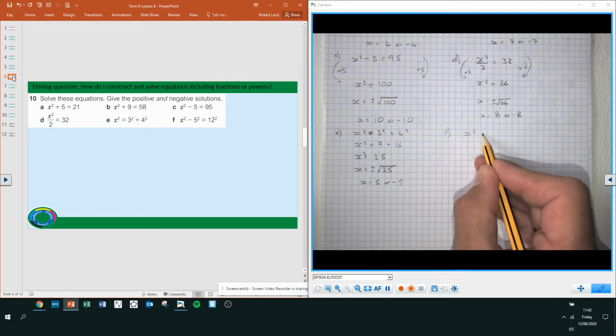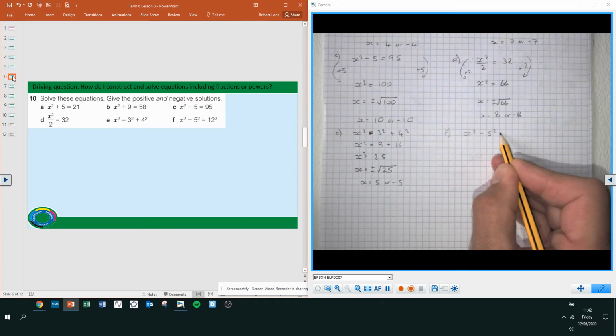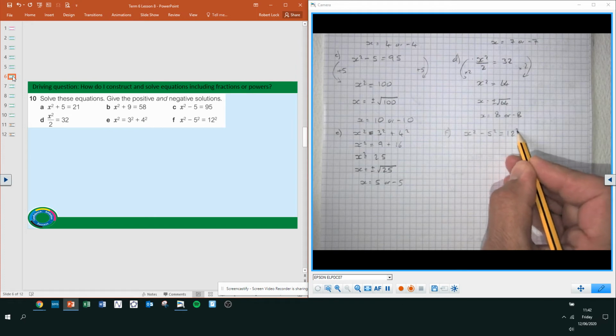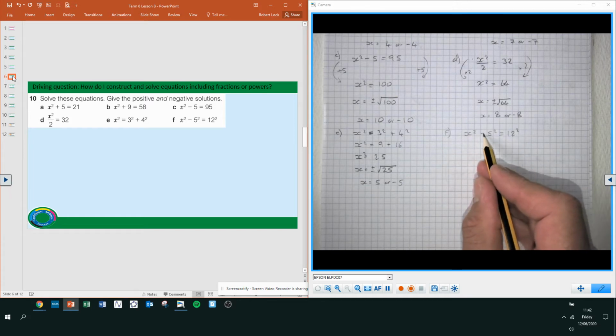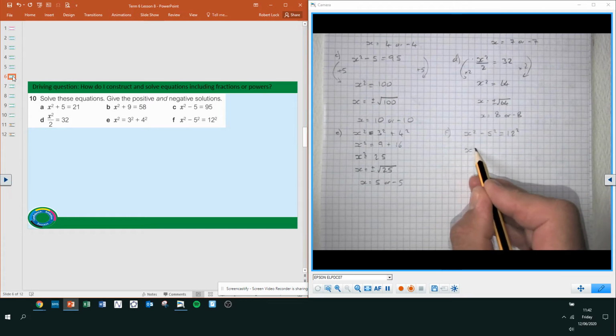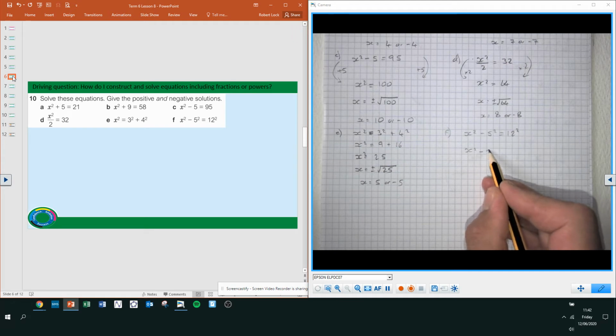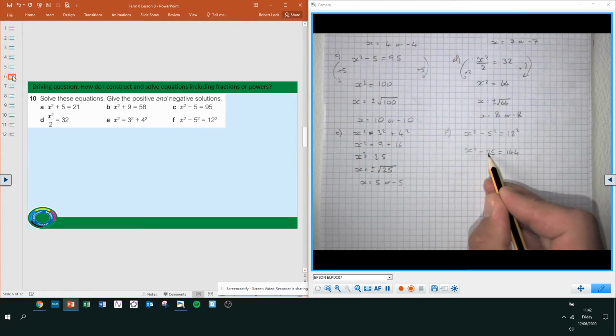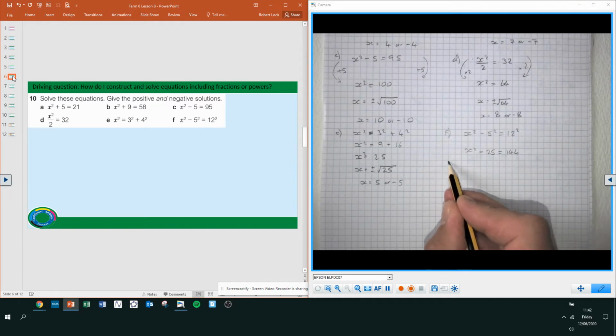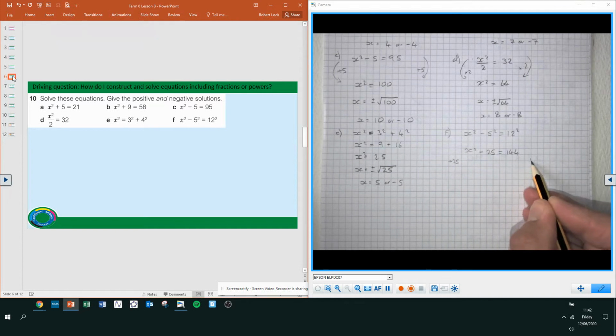x squared minus 5 squared equals 12 squared. Pythagoras again. x squared minus 5 squared is 25, equals 12 squared is 144. The opposite to a minus is a plus, and we're adding 25 both sides.